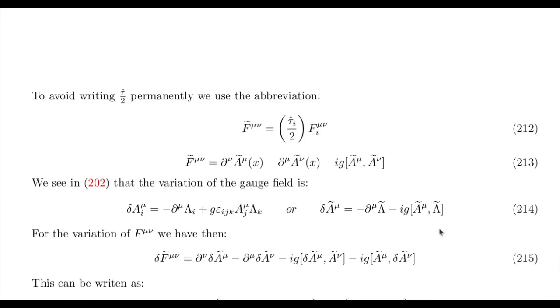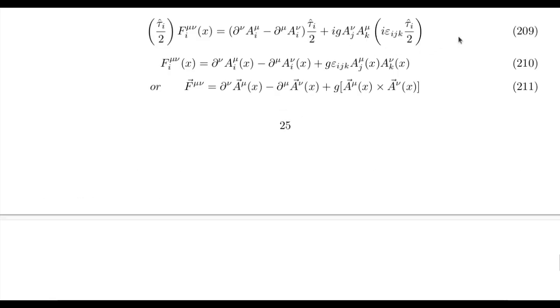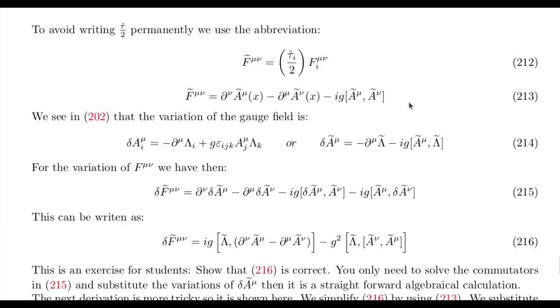To avoid writing tau half permanently, we use this abbreviation F tilde, means F is multiplied by tau half. So we can write for 209 here, where we have the tau matrices in the terms, we can write now this 213. F tilde is then A tilde twice here.